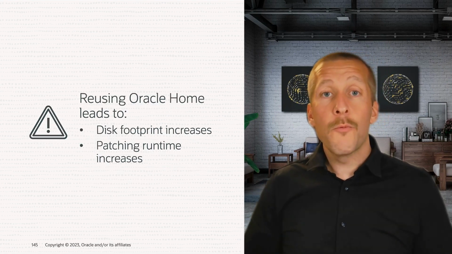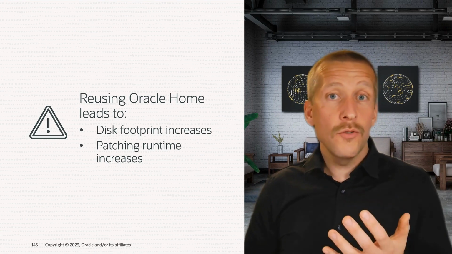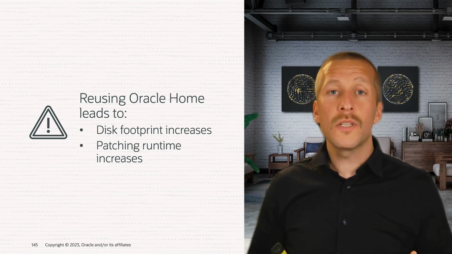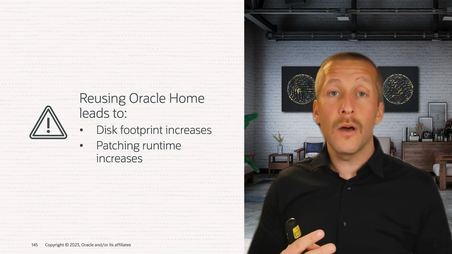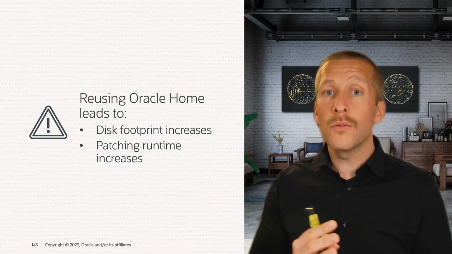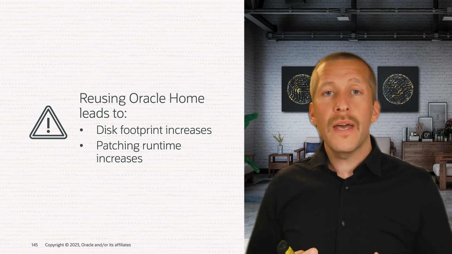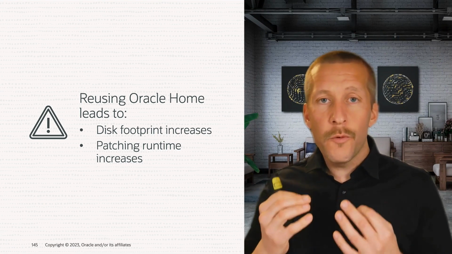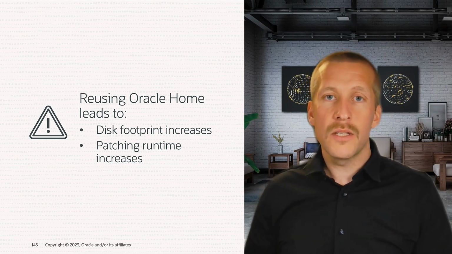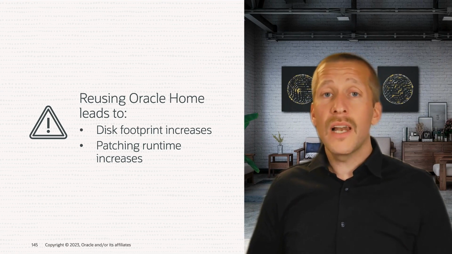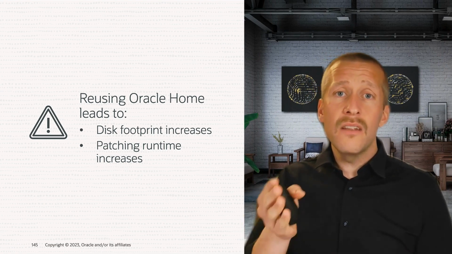The problem by reusing Oracle homes like you do when you clone is that over time you will see that the disk footprint of that Oracle home increases, and also the patching runtime increases. And the reason for that is that opatch has some really cool rollback functionalities. opatch allows you to roll off individual patches.